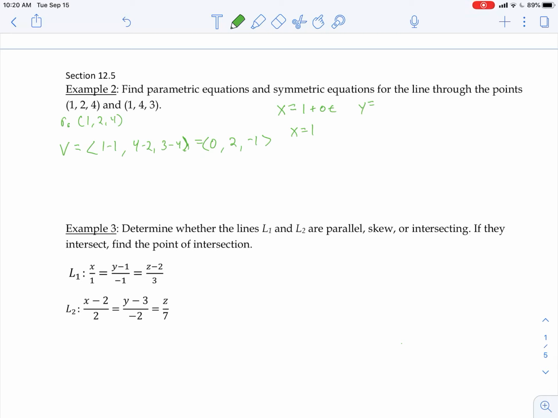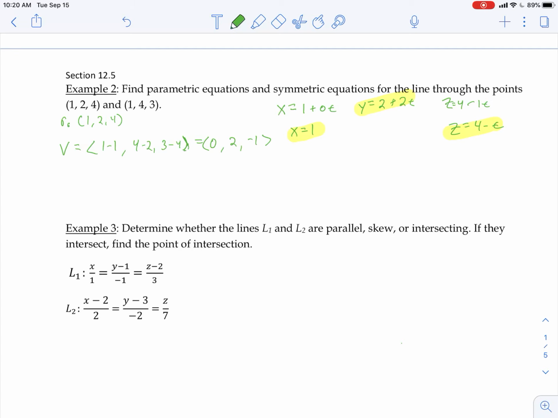Next, y equals our point's y value, 2, plus our vector component times t. Then for z, we have our point at 4 plus, in this case minus, because it's negative 1t, which is just z equals 4 minus t. All right, so there's all of our parametric equations.